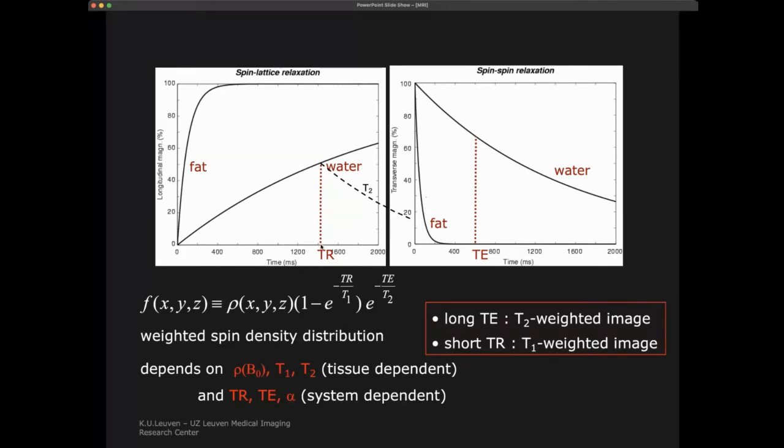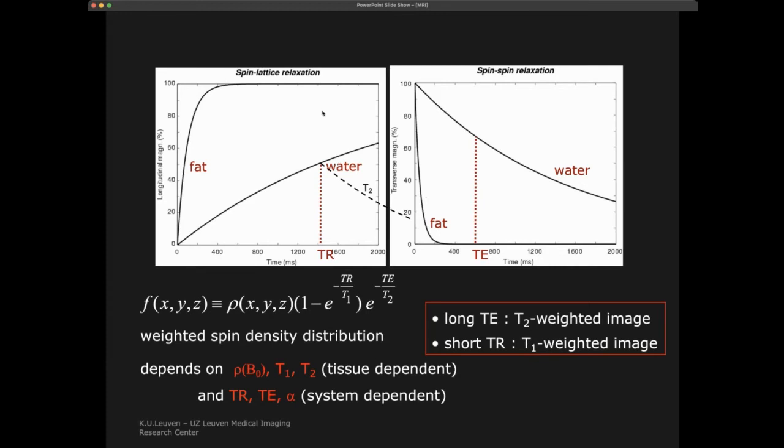Now, the repetition time is when do I do my next flip of 90 degrees? Depending on when I flip, depending on how much it has already relaxed in T1 in the direction of the field, that will determine what the amplitude will be when I flip next.